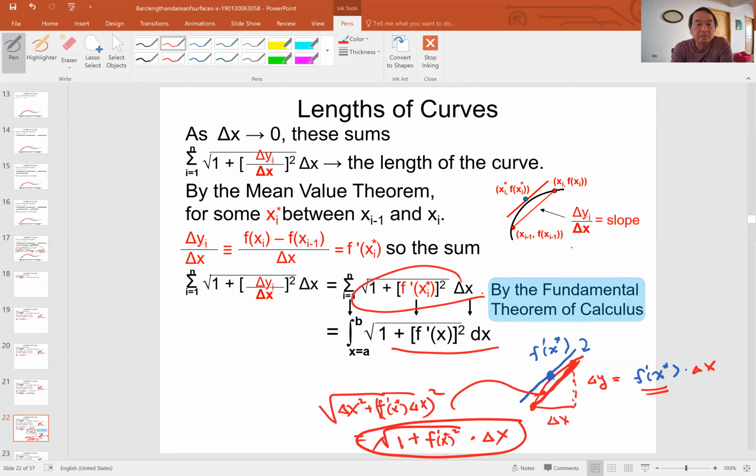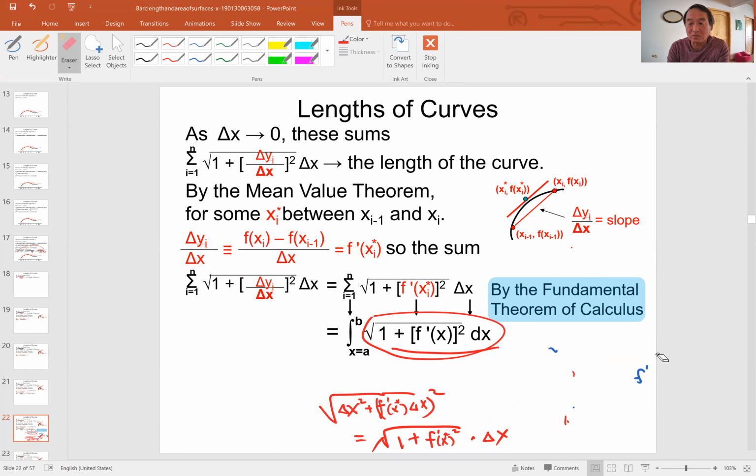As delta x goes to 0, by the fundamental theorem of calculus, we're adding up these little line segments, and that turns into an integral. That's the significance of the square root of 1 plus f prime squared.